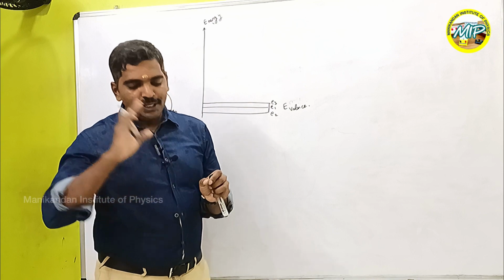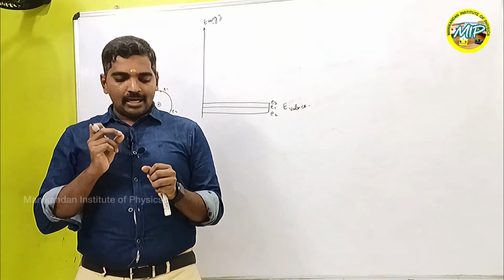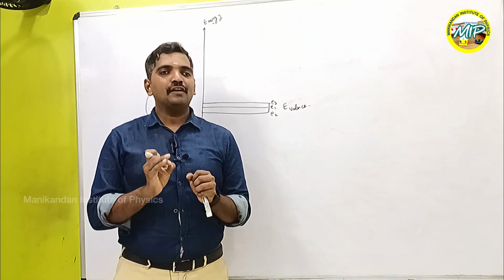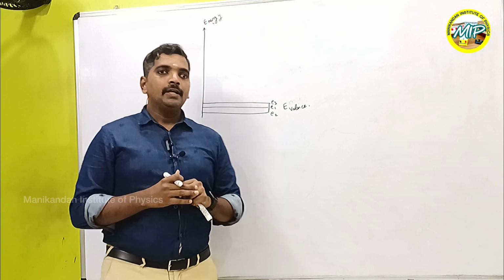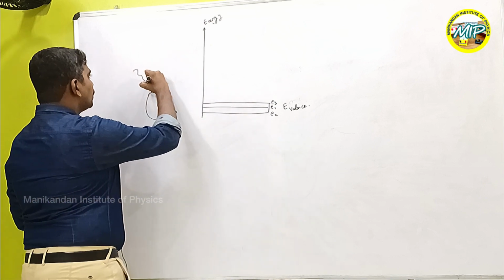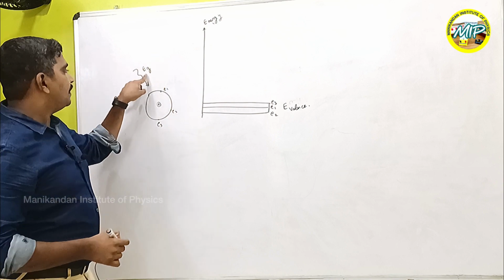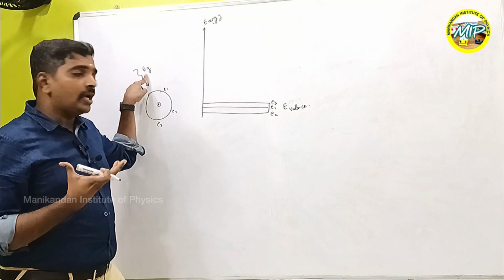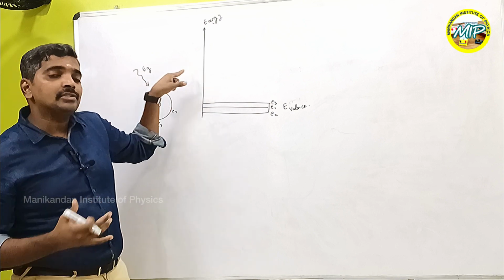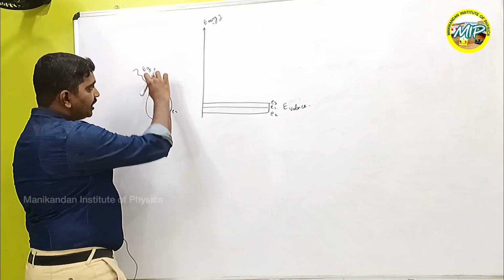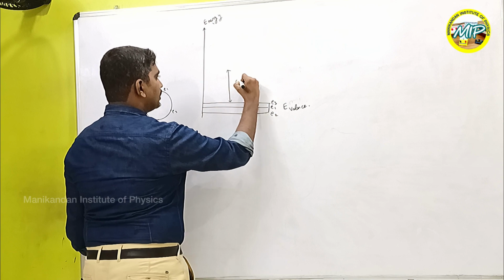Now we are coming to the dual nature. What is the work function? It's the amount of energy required to remove the electron from its valence shell or metal surface. Similarly, EG is the minimum amount of energy required to eject the electron from the valence to the conduction process, where it becomes a free electron.